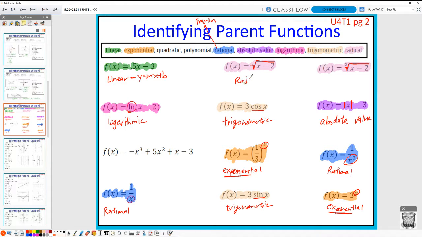So we do have a pretty clear way to see radical functions. If we have that little house-looking thing, that's a radical function. Now, the last one that we did not talk about here, obviously, is going to be our polynomial. That's our last one standing here. It is polynomial.